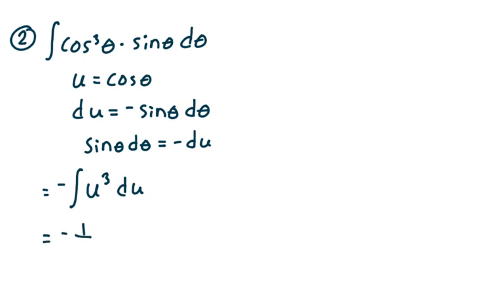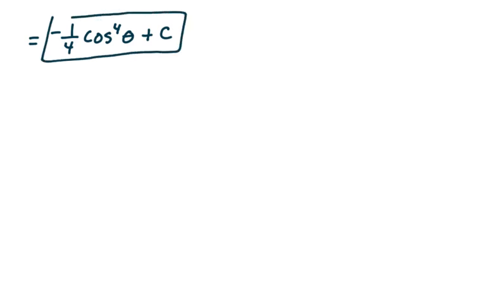So this is negative 1/4 u to the 4th plus c. But remember, u equals cosine theta. And so this is negative 1/4 cosine to the 4th theta plus c. And that's how you do problem number 2.